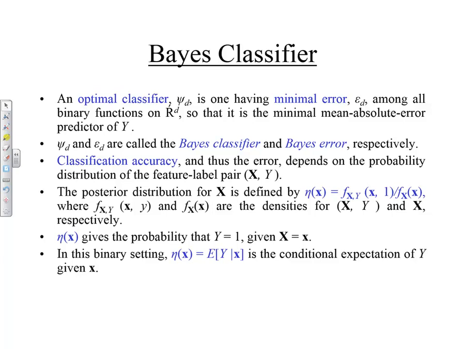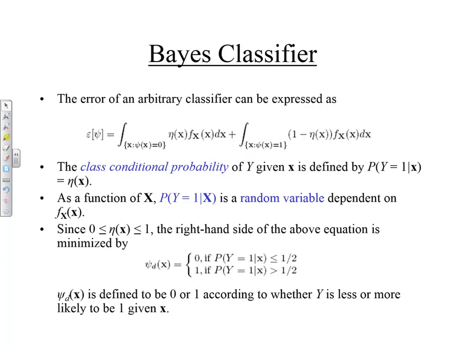So if you are going to find the conditional expectation, it will be 0 multiplied by the probability that Y equal to 0 given X, plus 1 multiplied by the probability that Y equal to 1 given X. And the probability that Y equal to 1 given X is basically eta(x). So this is also the conditional expectation of Y given X. Everybody here familiar with conditional expectations? Okay, good. So there's nothing new in whatever I have talked about.